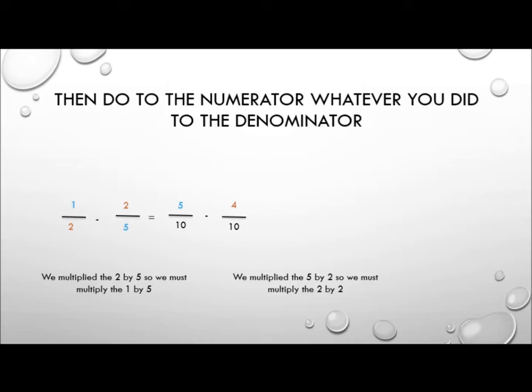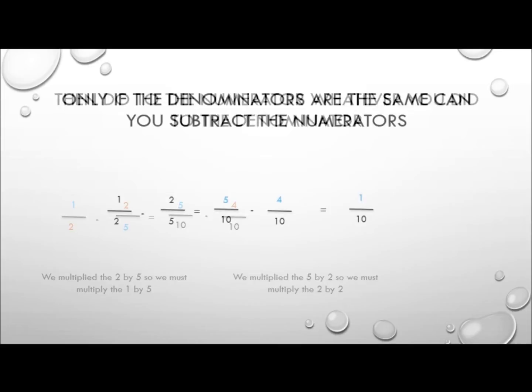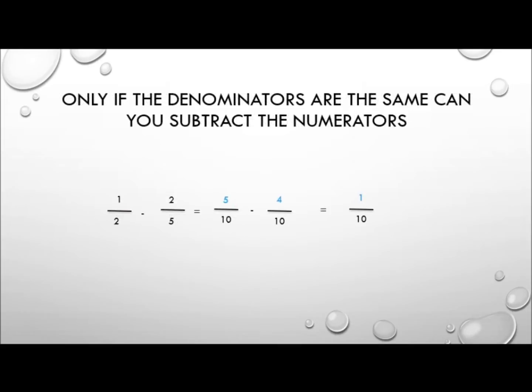And again, with the 2/5, we took the 5 and we multiplied it by 2 to make 10. So what we have to do with the 2 is multiply that by 2, and that makes 4. So 2/5 is the same thing as 4/10. So finally, when we subtract 4/10 from 5/10, we're left with 1/10.